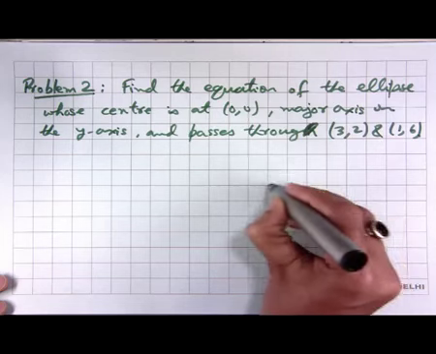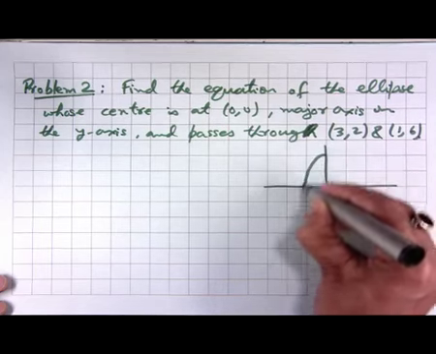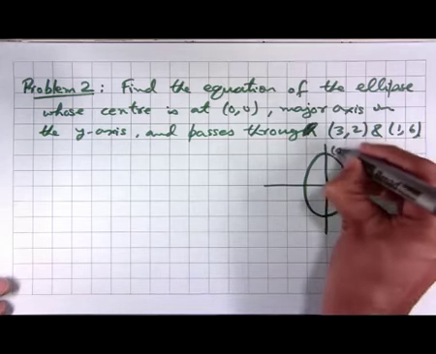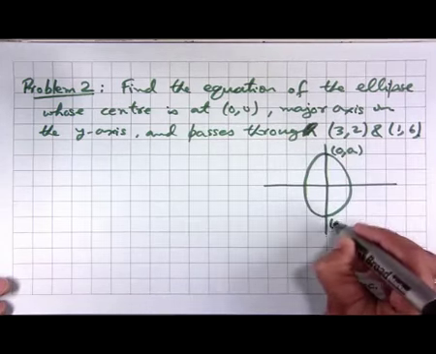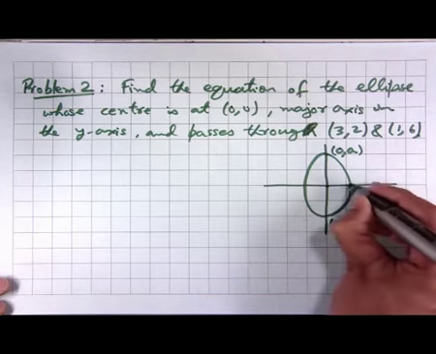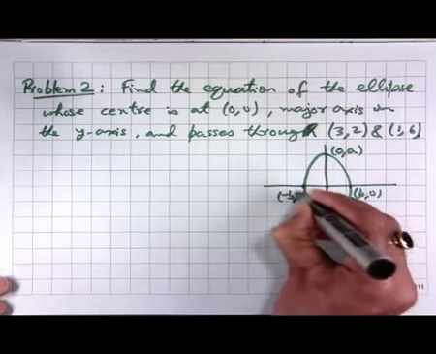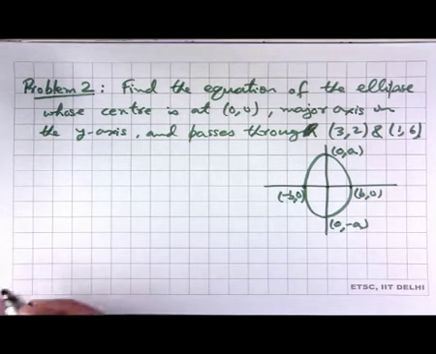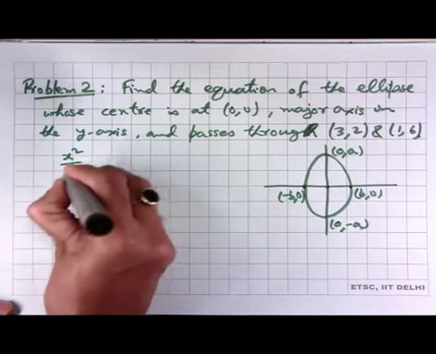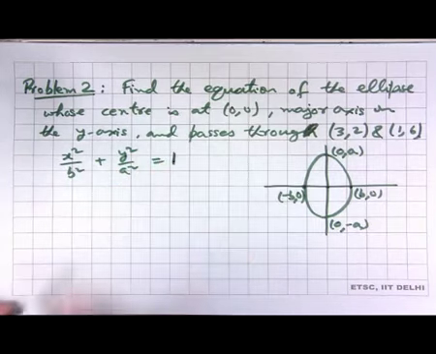So, we have this figure, the major axis is on the y axis. So, we will write (0, a) and (0, minus a) as the vertices, this is the origin, and this is (b, 0) and (minus b, 0). So, the equation is x²/b² + y²/a² = 1.